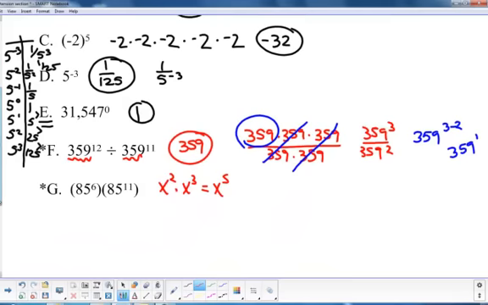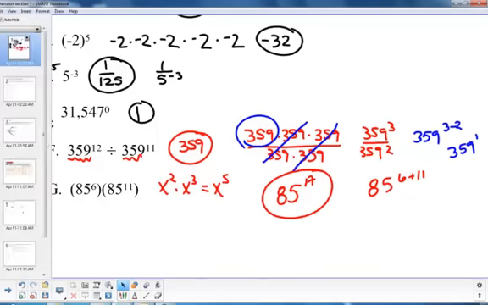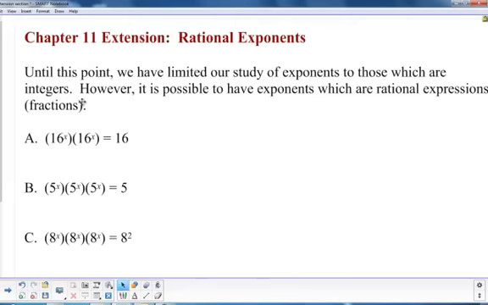So 85 to the 6th and 85 to the 11th means we actually have 17 85s. We're adding the 6 plus the 11 to get 17. All right, so if we have 16 to the x times 16 to the x, that would be 16 to the 2x, because x plus x is 2x.